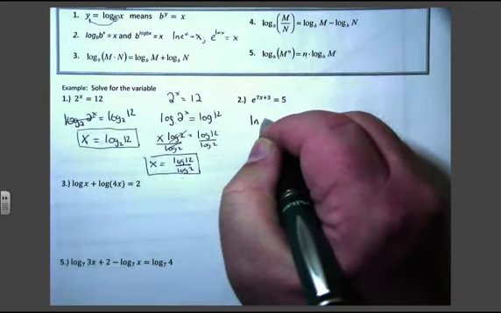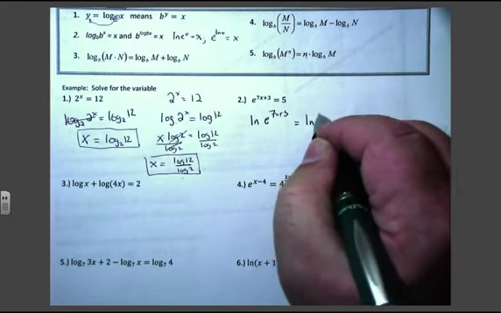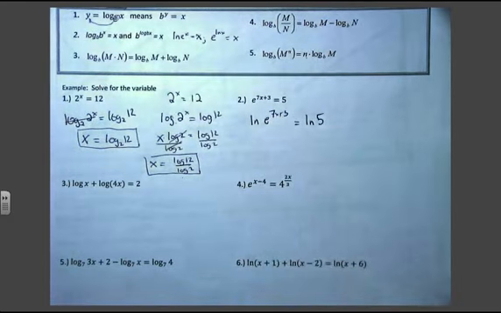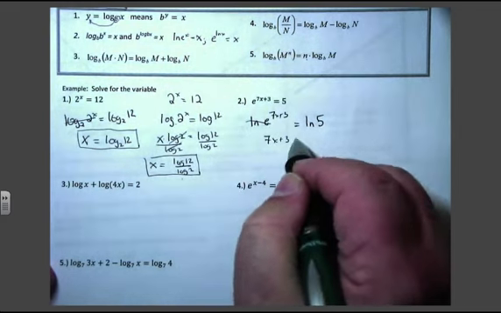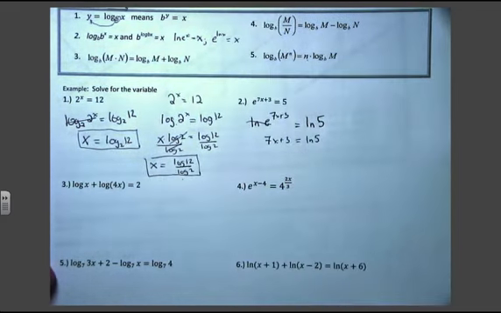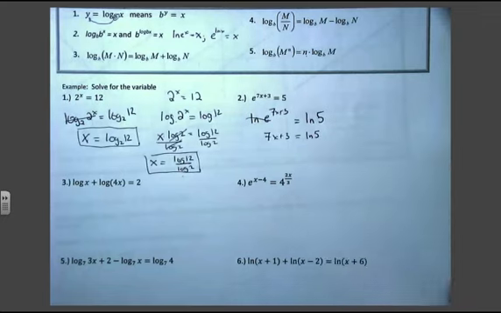So the natural log of e to the 7x plus 3 is equal to, what I do to one side, I do to the other, the natural log of 5. E's and natural logs do what to each other? Cancel out. So this cancels. I'm left with 7x plus 3 equals the natural log of 5. Mission, solve for x. How am I going to solve for x? Natural log of 5 is just some number on your calculator.